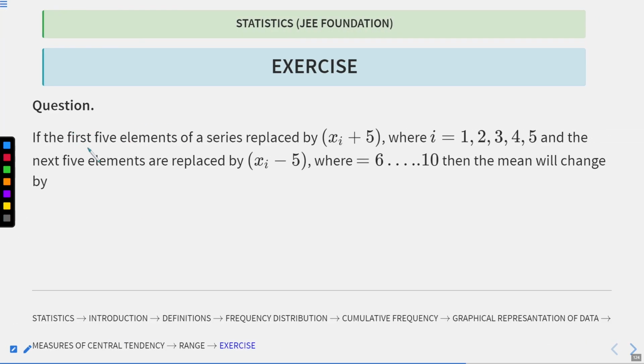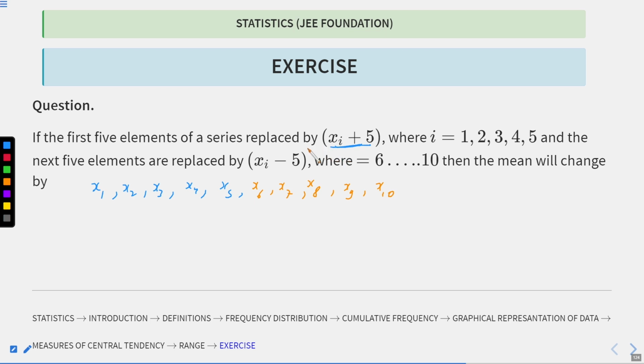If the first 5 elements of a series are replaced by xi plus 5. Let's say I have a series x1, x2, x3, x4, x5, and this series continues to x6, x7, x8, x9 and x10.